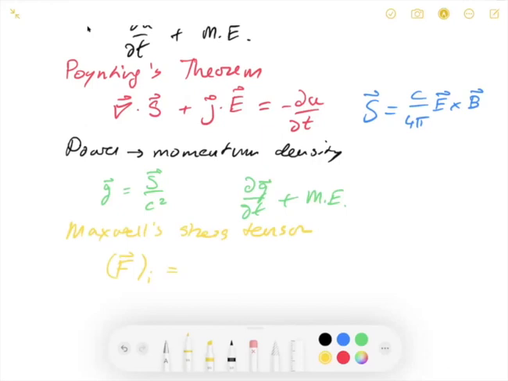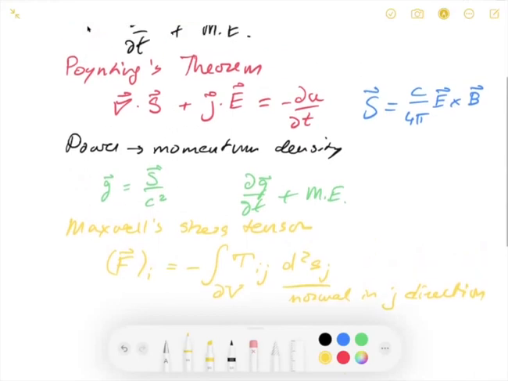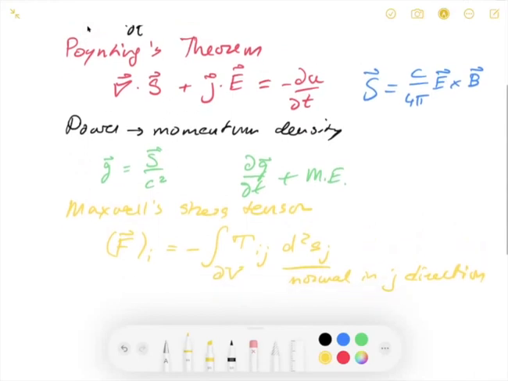The ith component is minus the Gaussian integral over the surface of some volume of T_ij da_j, where this is the normal in the j direction. j here is the index that indicates which part of the coordinate system you're talking about.